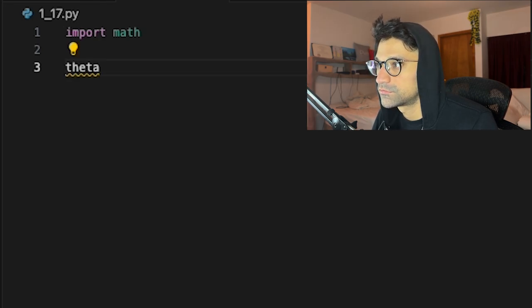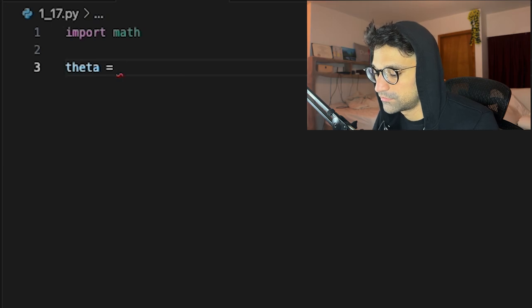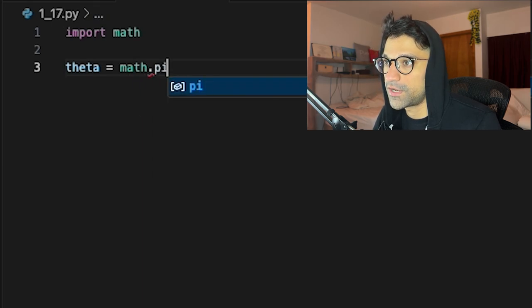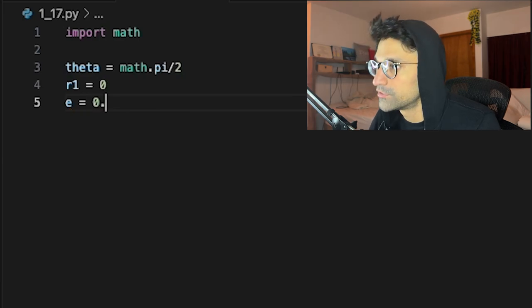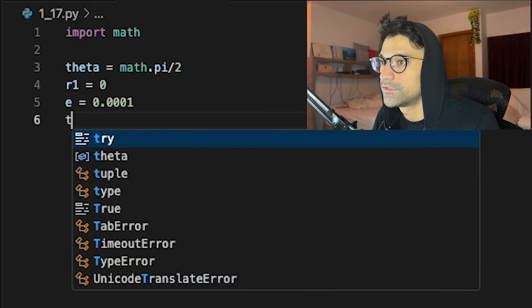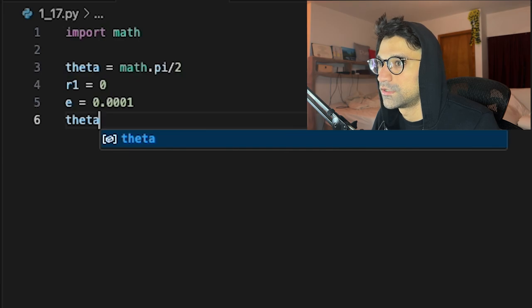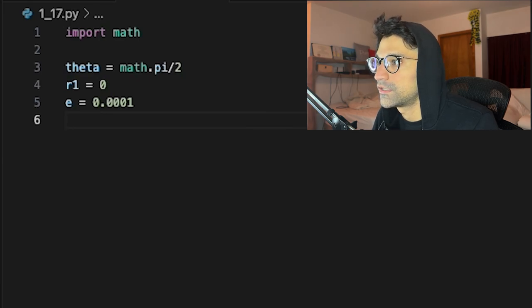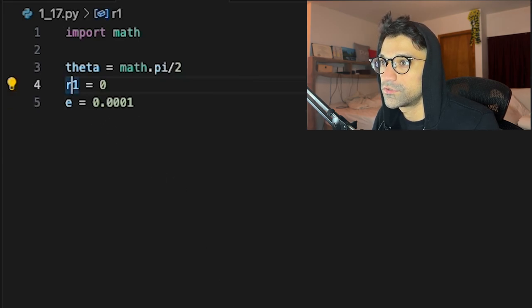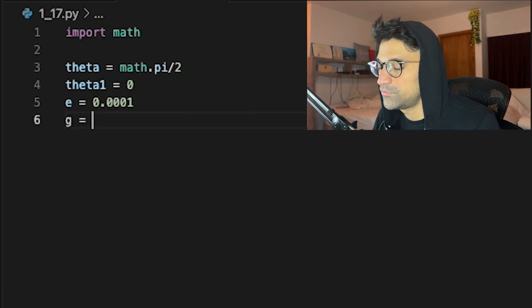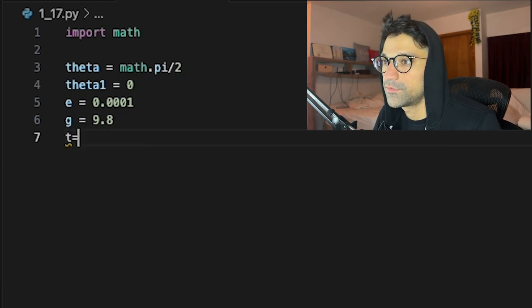So theta is, as we said, 90 degrees, which is math.pi over 2. Theta dot is from rest, so 0. E, we'll say, is 0.0001. I don't have theta 1, I should write theta 1, right? Of course, we have G, which is 9.8, and we have the time, which is 0.